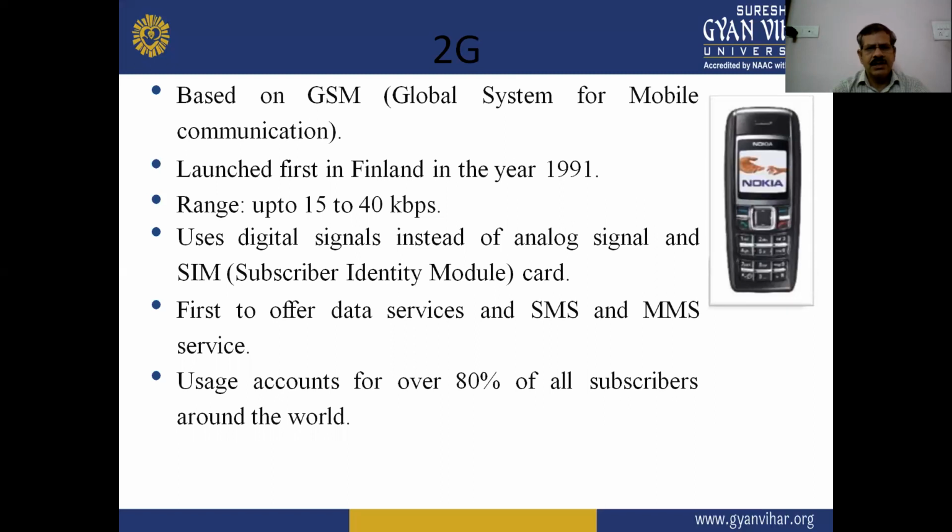It uses digital signals instead of analog signals, and the SIM, subscriber identity module, card. It was the first to offer data service and SMS and MMS service. Its usage accounts for over 80% of all subscribers around the world.